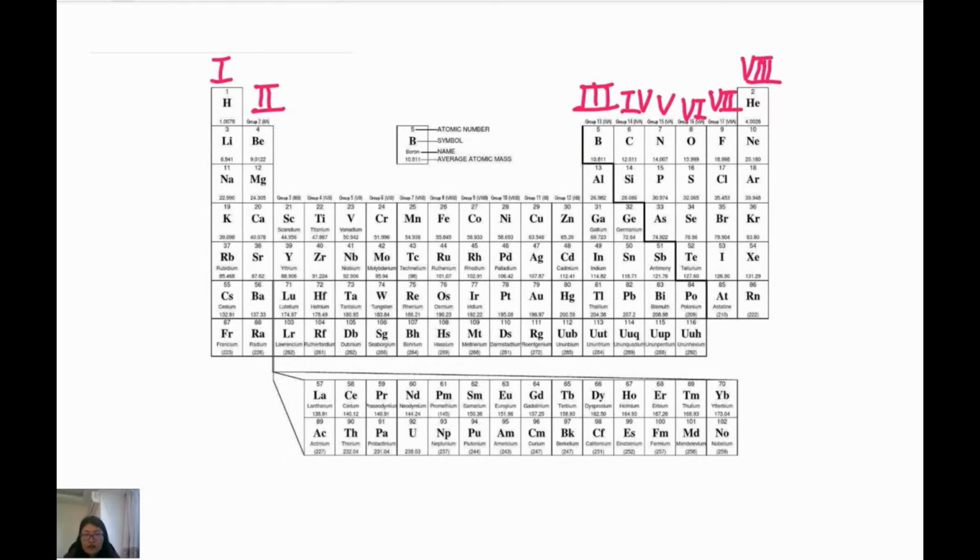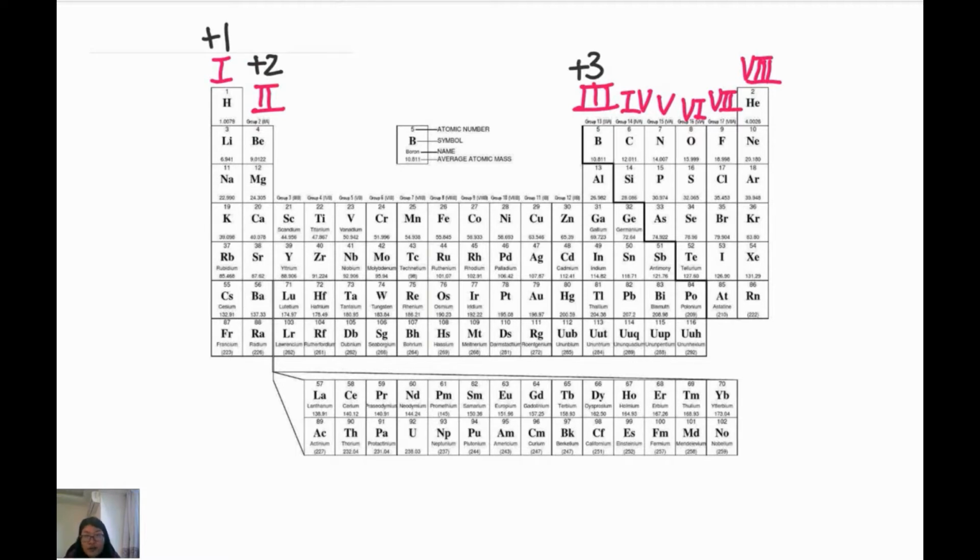So I told you in class that in the periodic table, each group has a certain group oxidation number. In group 1, everyone has positive 1 charge. In group 2, everyone has positive 2 charge. Group 3 is mainly positive 3.